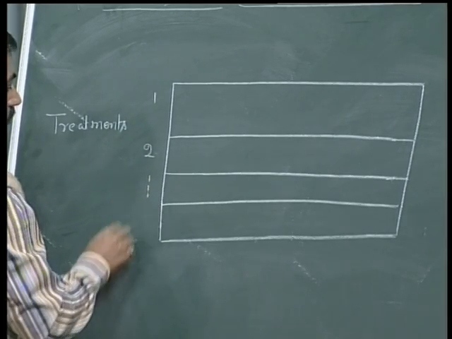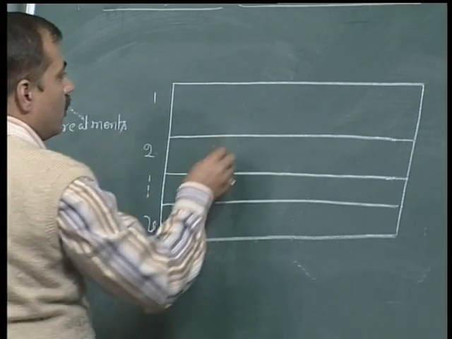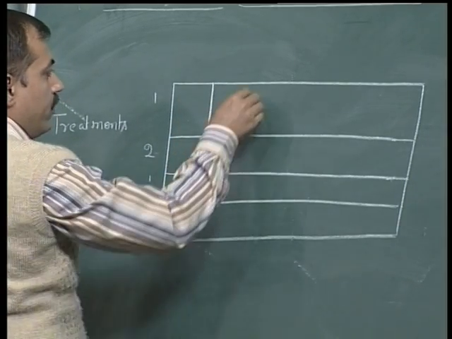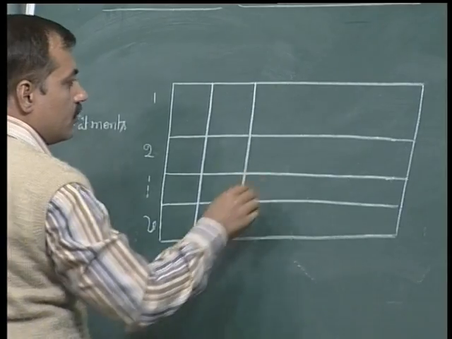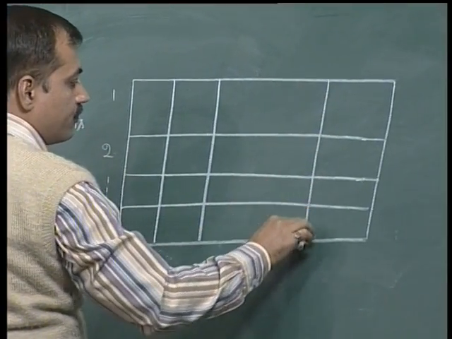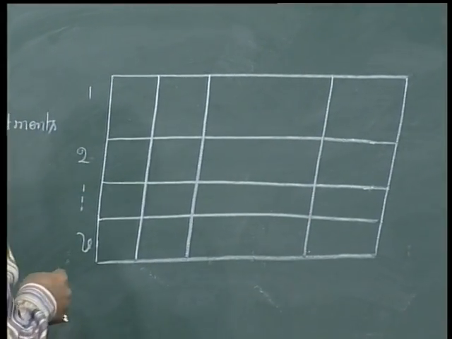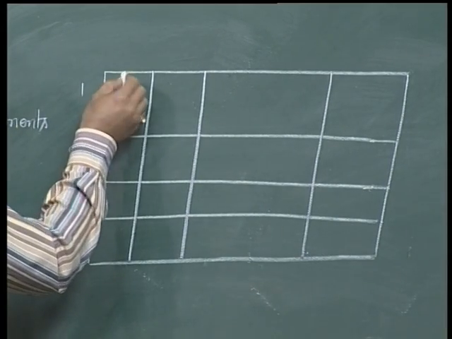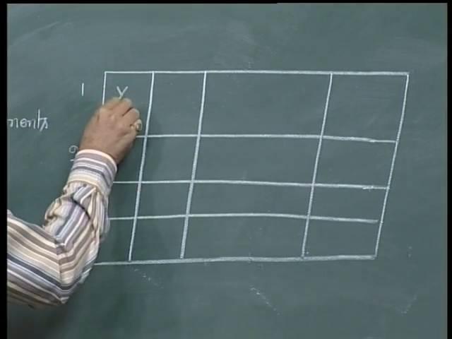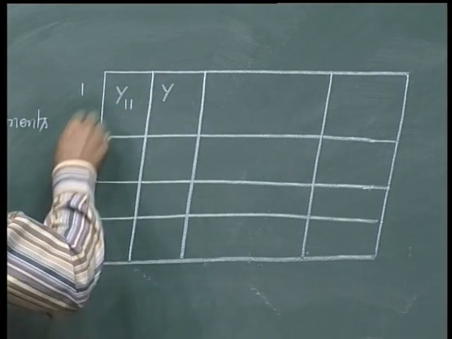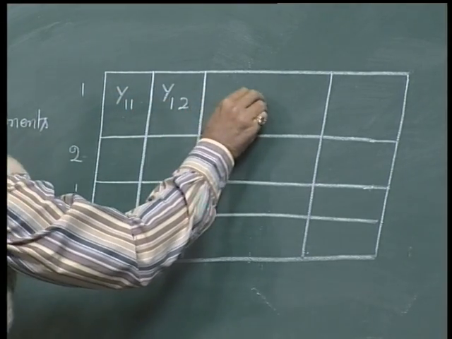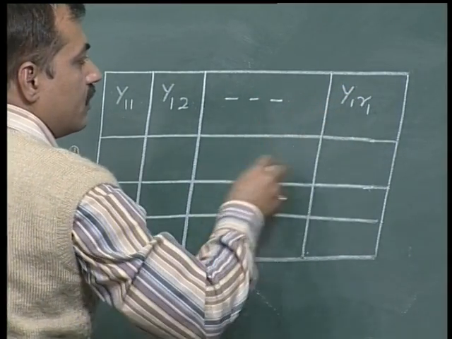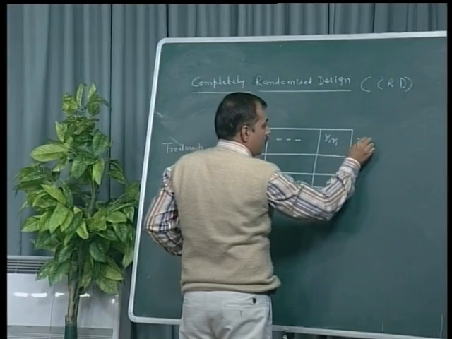We apply these treatments randomly to these plots, and the observations are y11, y12, up to y1r1; here there are r1 plots.